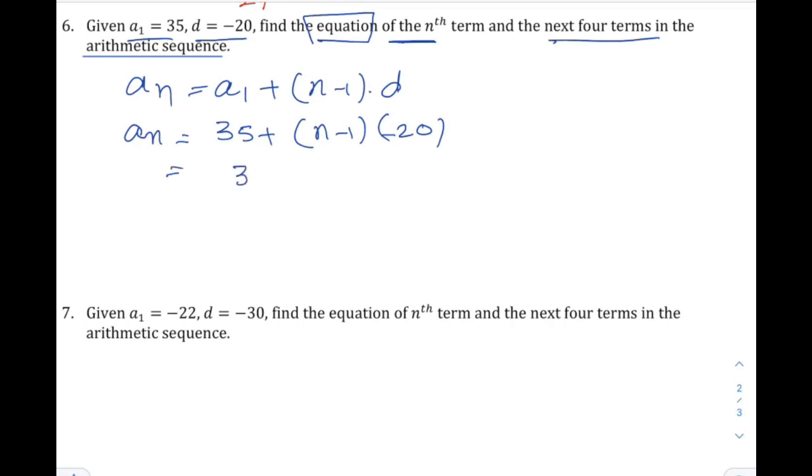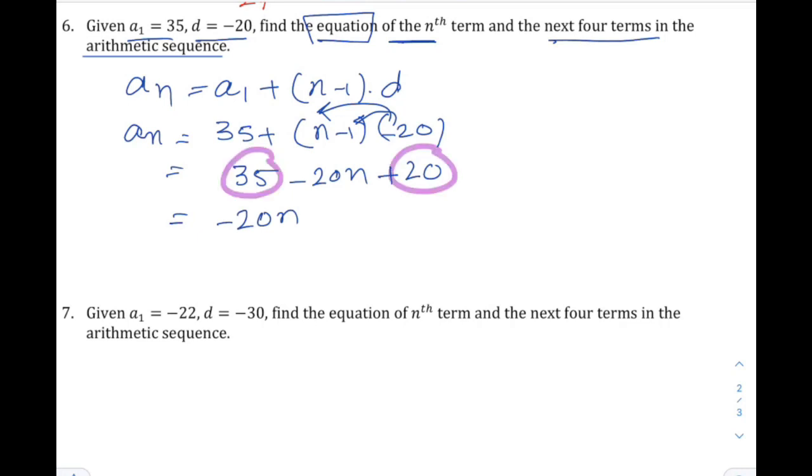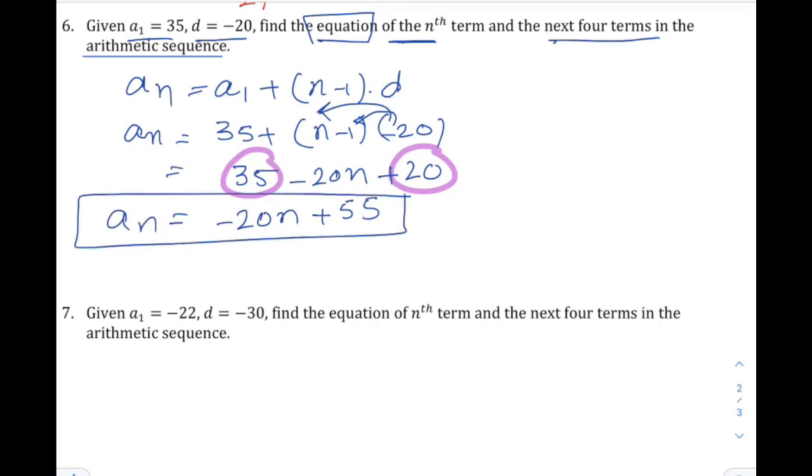So it will be 35, and I will distribute negative 20 by negative 1, plus 20, which is negative 20n, and this and that are together plus 55. This is our an. This is the equation of the nth term.